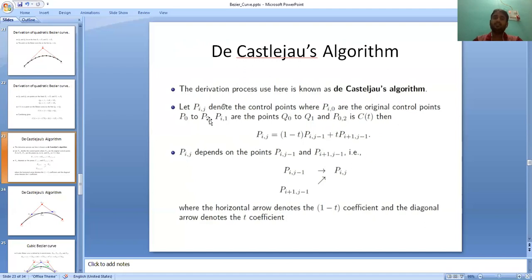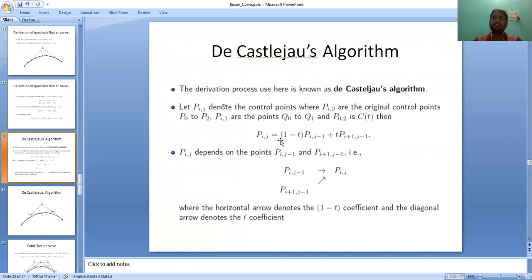Pi1 are the control points Q0, Q1, which are indicated by blue color. And Pi2 are C(t), the points used for drawing the Bezier curve.